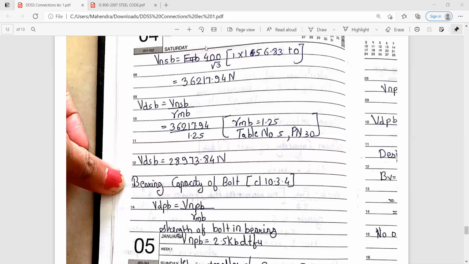After completing till the shearing capacity, let me know. Okay, done.